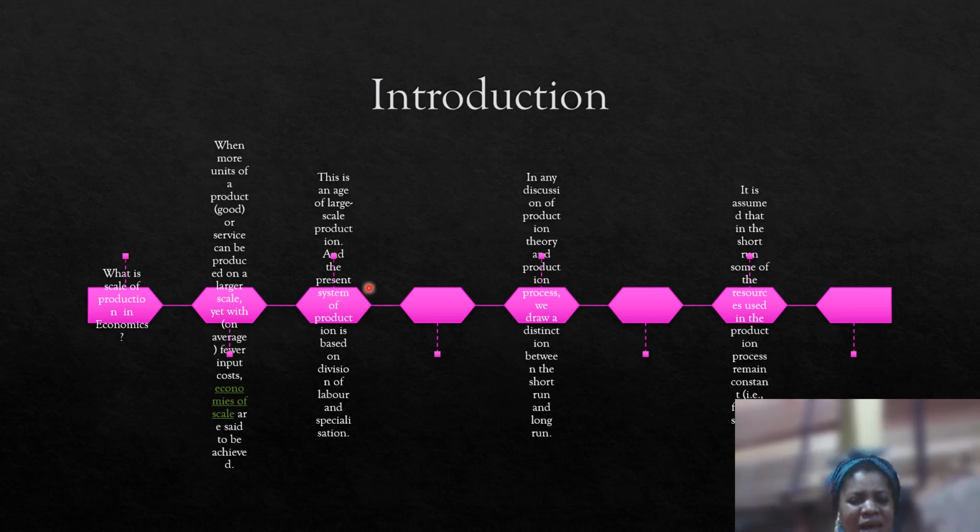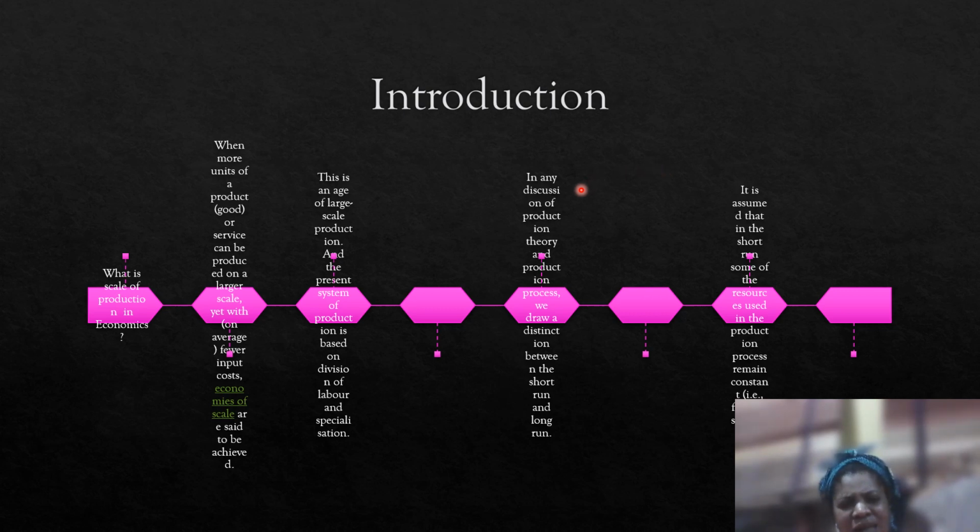This is an age of large-scale production, and the present system of production is based on division of labor and specialization.